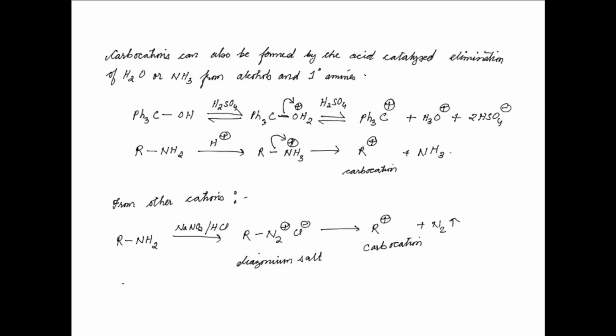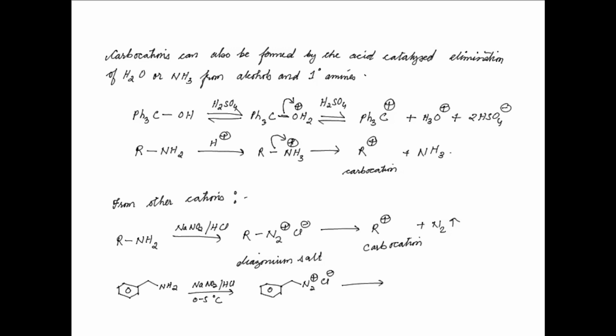One of the best examples is, let's say you have a benzyl amine. Then this benzyl amine, when reacted with NaNO2 HCl at 0 to 5 degrees centigrade, will give you your diazonium salt N2 plus Cl minus.